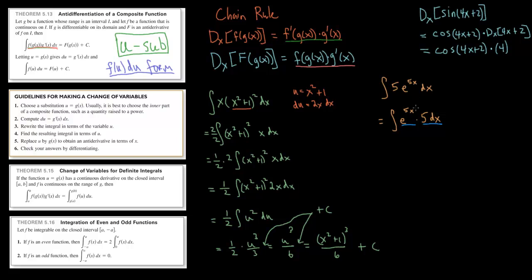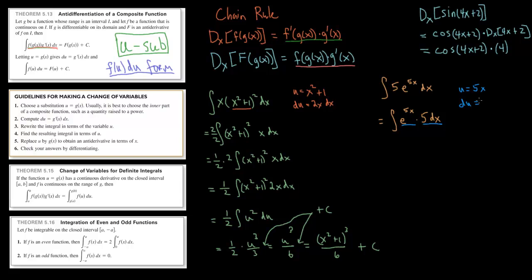Again, when I say derivative, I do mean differential here. If I take the differential of 5x, the derivative of 5x is 5 times dx, the differential. Now, if you want to make the formal substitution, let u equal the inside function, 5x. So what's the differential of u with respect to x?